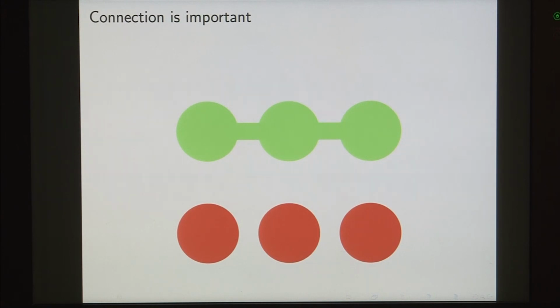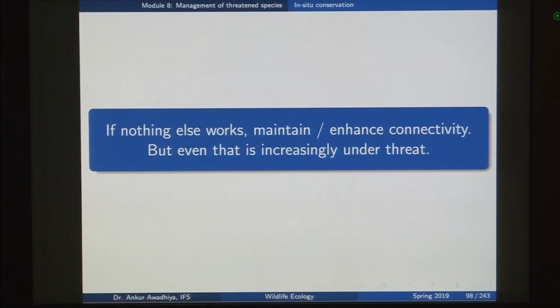Now, if nothing else works, if you are not able to have a large size reserve and you have to go with the smaller size reserve, at least try to maintain connectivity between the reserves, because in that case your animal will be able to move from one area to the next area and prevent the local extinction, restock the populations, and avoid the stochastic deaths in the smaller populations.